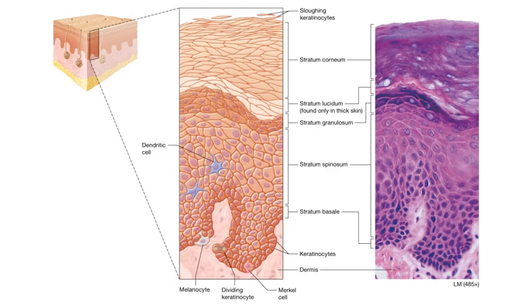So on the bottom, your cells here are actively dividing. Then as they go up, they're getting further from oxygen. They're also starting to fill up with keratin when they reach about this layer here. They're beginning to die.